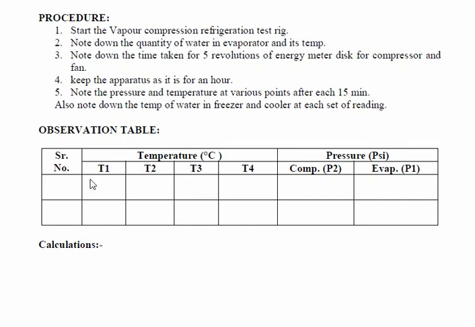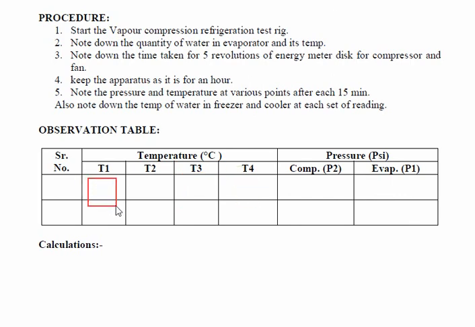T1 is the temperature at the exit of the evaporator, T2 is the temperature after compression, T3 is the temperature after condensation, T4 is the temperature after throttling. So, these are the temperatures.